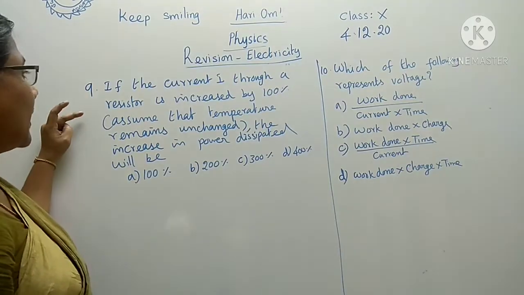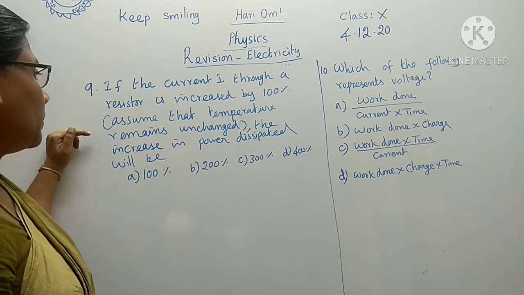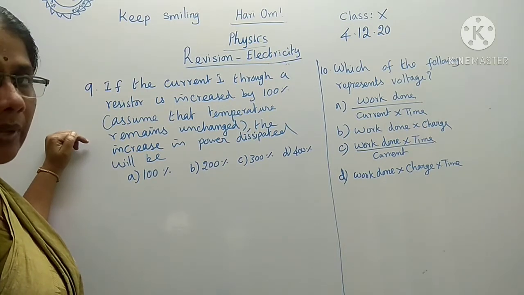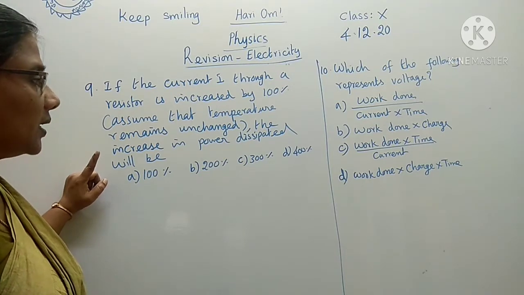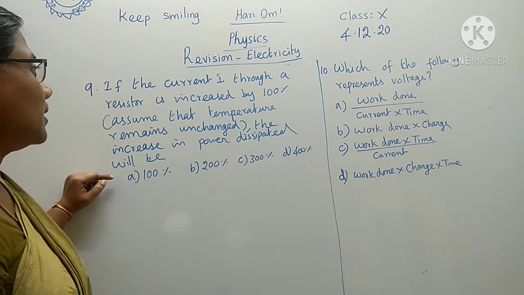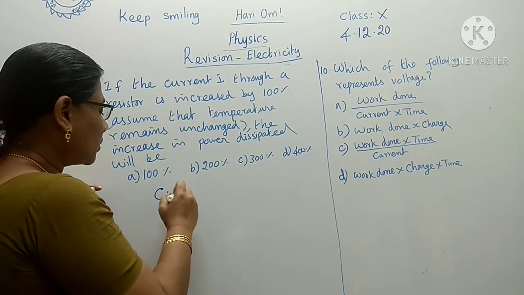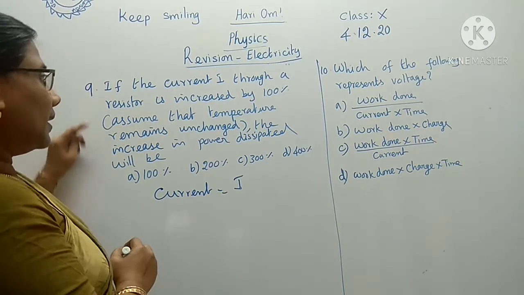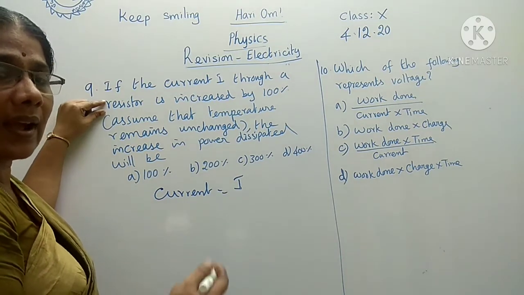If the current I through a resistor is increased by 100%, assume that temperature remains unchanged. The increase in power dissipation will be: A 100%, B 200%, C 300%, D 400%. Suppose the current flowing through the resistor is I. It is increased by 100%.